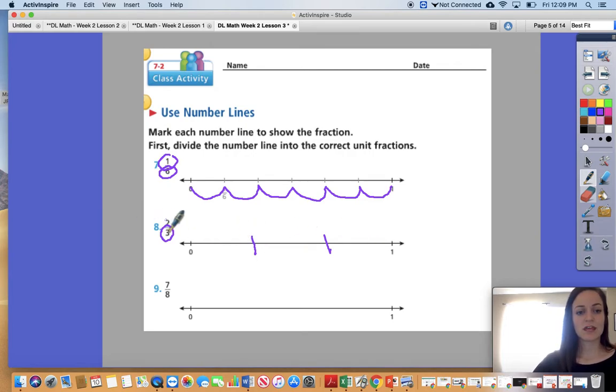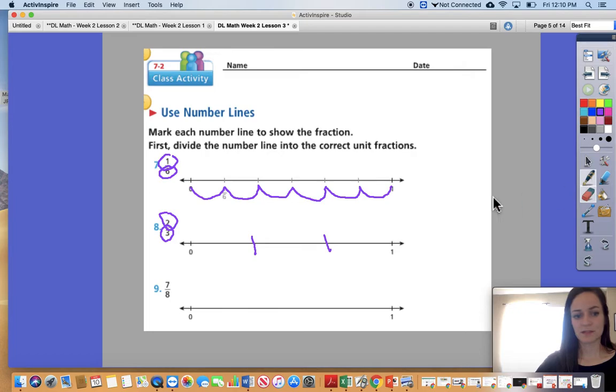Okay, so then I look at my numerator. It's 2, okay, 2/3. Well, this first mark would be 1/3. And then when I get to the second mark, I have 2/3. I found it. Okay, so I'm going to circle that one. There's 2/3. All right, and I'm going to erase it so I have room to draw on the other one.